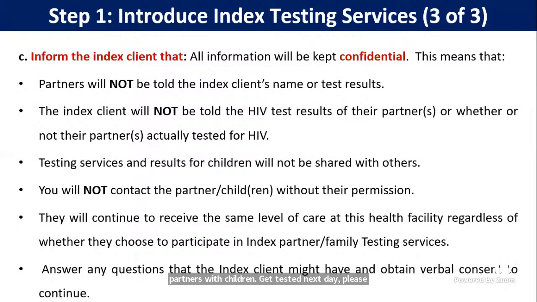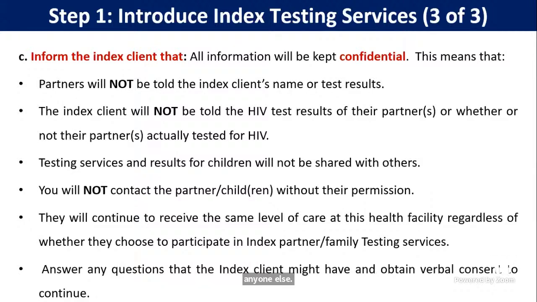So once we have introduced index testing during the post-test counseling, we will reiterate confidentiality, and you can use these statements for reinforcing it. We are not going to tell your partners your name or your test results, and not only your partner, we are not going to share this with anyone else.